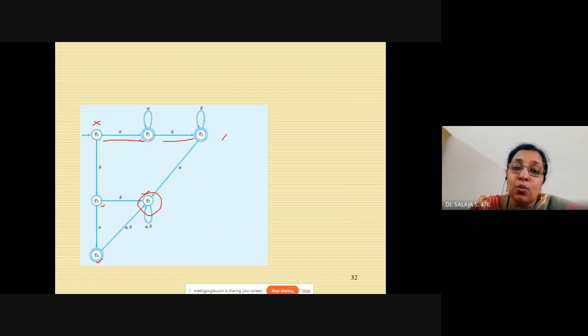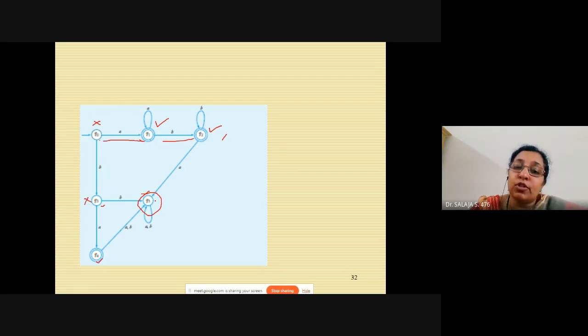Now we'll take Q1. On B, it moves to Q2, so it reaches a final state. So Q1 acts as a new final state. What about Q2? Q2 on B leads to Q2. It again acts as a new final state. What about Q3? Q3 on B moves to a trap state, so this is not a final state. What about Q4?